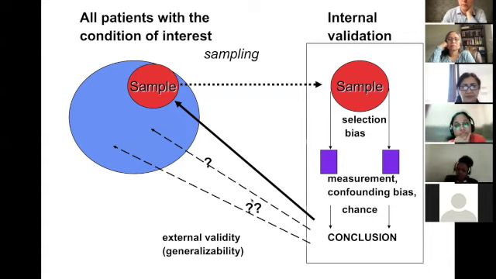And as you can see in the number of question marks here, the closer the other parts of society are to our sample, the more likely this association can hold. This conclusion can be realistic. The further away, we have more question marks. Maybe other factors play a role.